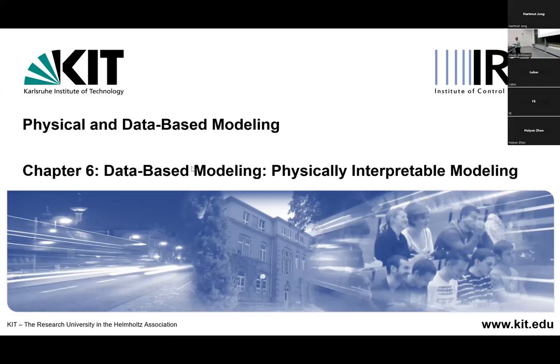There is also a completely different branch which tries to bring physics into the structure of what we identify. Particularly, if you remember our neural networks from last time, it is perhaps a good idea not to allow the neural network to train everything, where, for example, Newton's laws are not fulfilled.